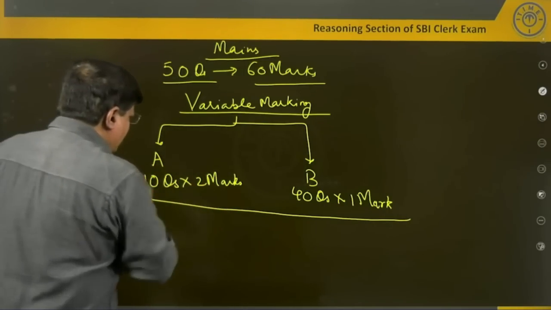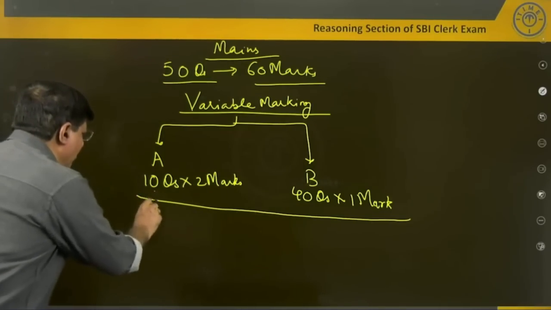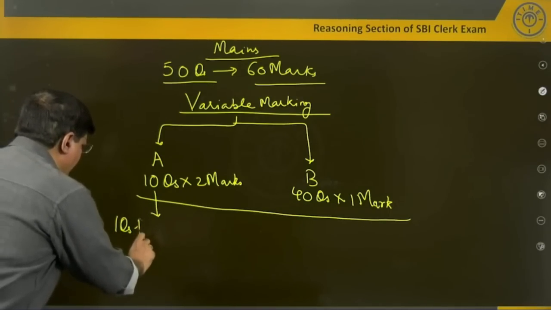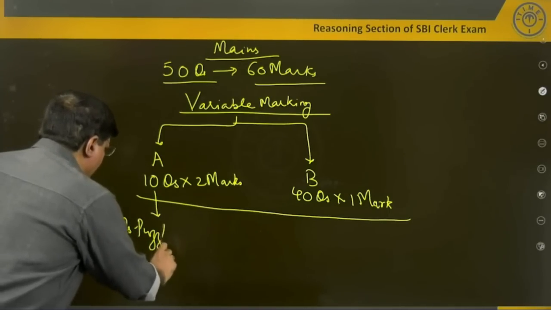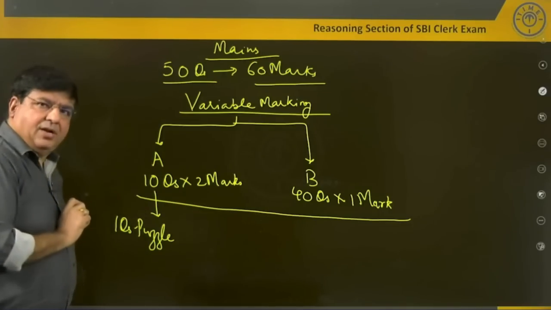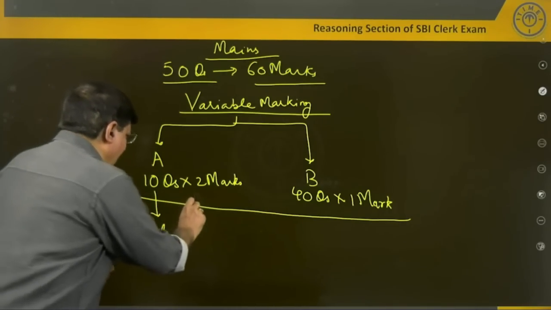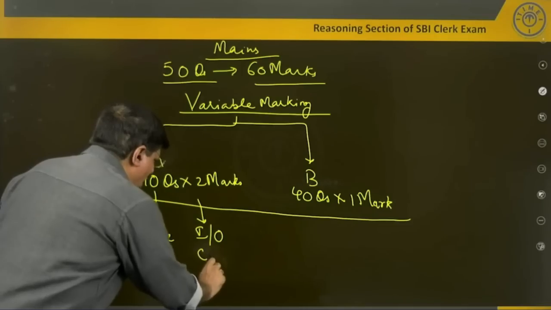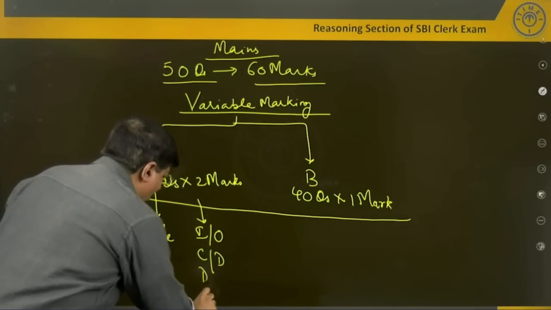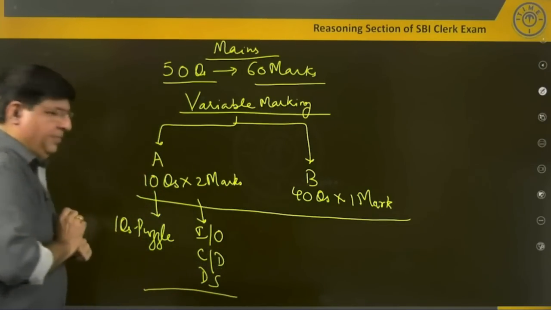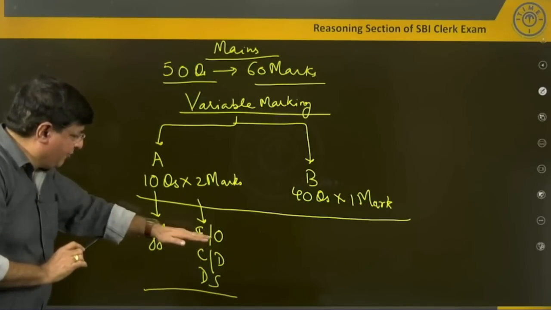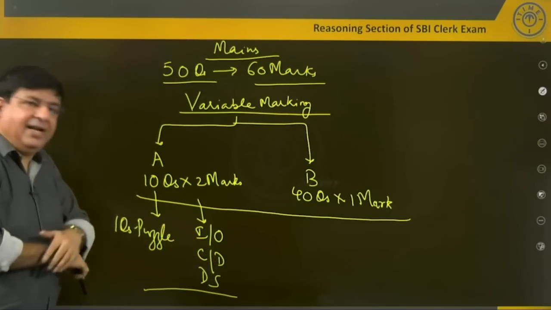Now, these 10 questions which are of 2 marks each, out of these, 1 question is generally on puzzle. And the other question is either from machine input output or from coding decoding or from data sufficiency. It's possible. It's not necessary that every time you will get questions from input output, coding decoding and data sufficiency.